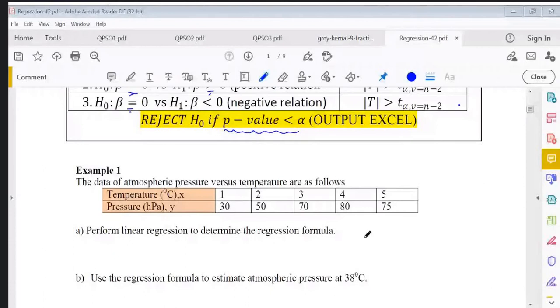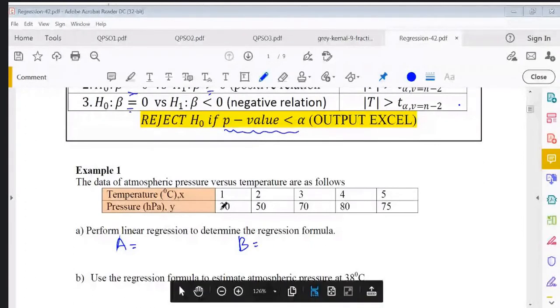What is the value A, the value B? Just need 5 minutes. Okay, try. This is very important.